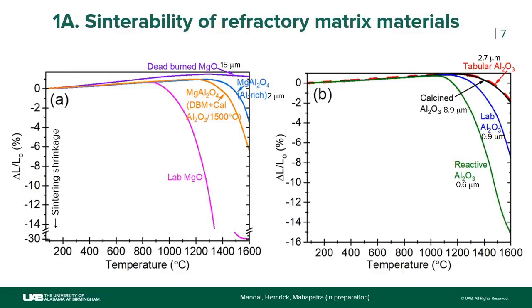Again, what you see here is that you have DBM here, and you have spinel, and interestingly, this spinel is made from this calcined alumina and this MgO. And when you combine these two, you see that there is no shrinkage. Whereas the spinel, which is preformed from these 2 materials, is sintering much faster.